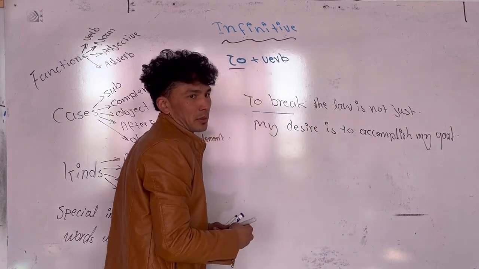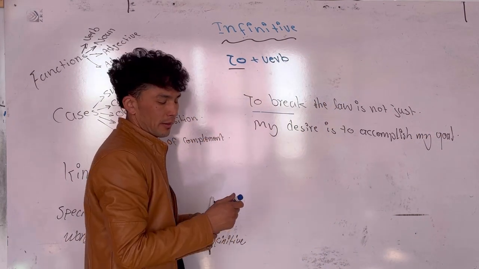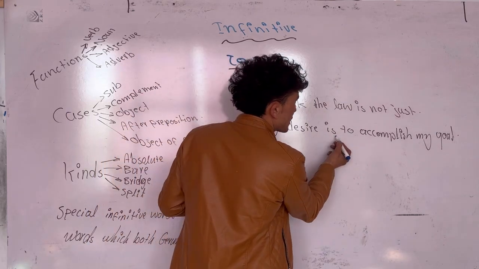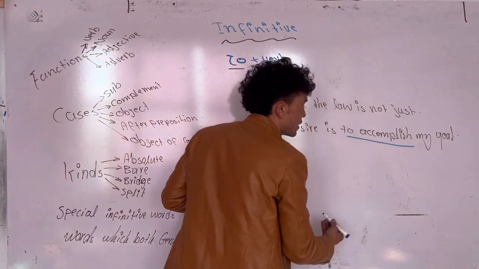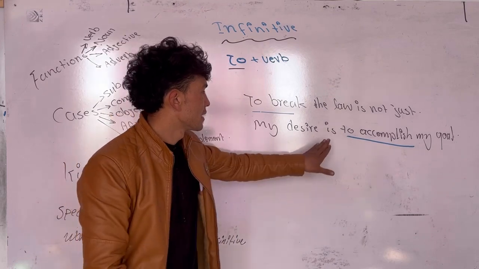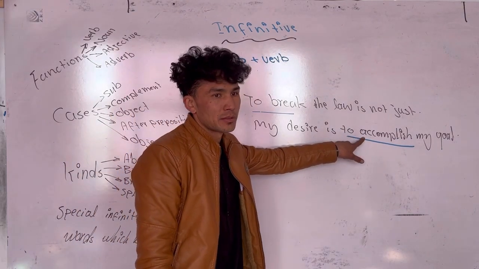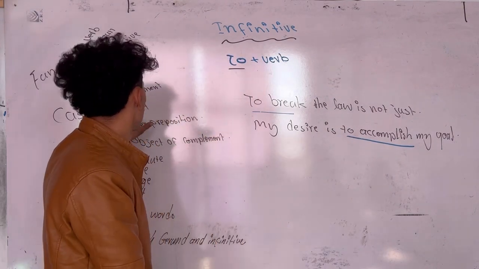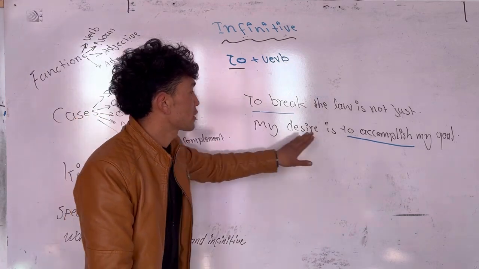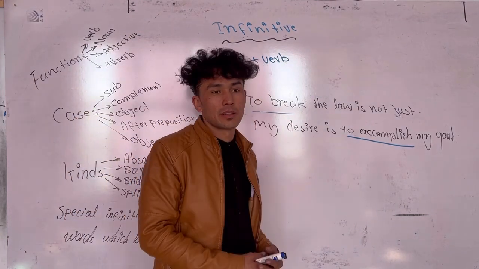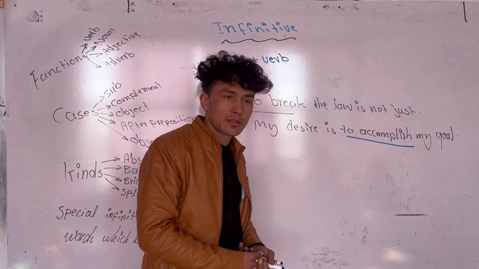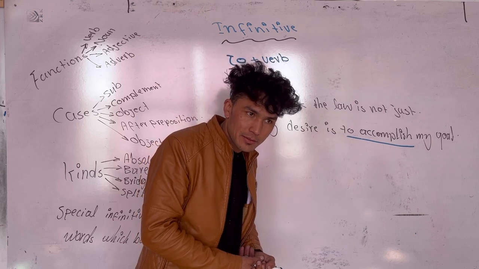To accomplish my goal. Or to accomplish something. You understand? Desire is to accomplish. What is to accomplish? This is a complement. As a complement, it completes the meaning of the sentence. Did you understand it? Good.